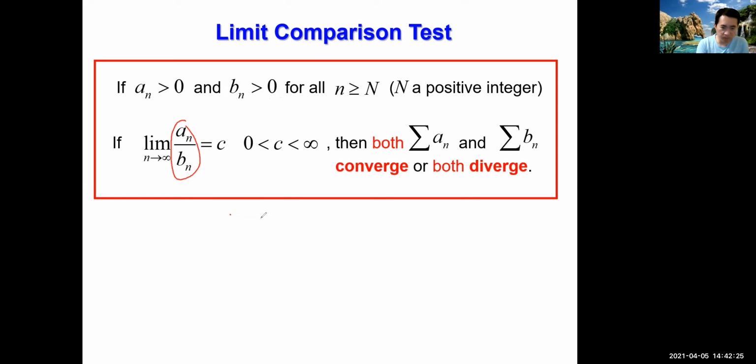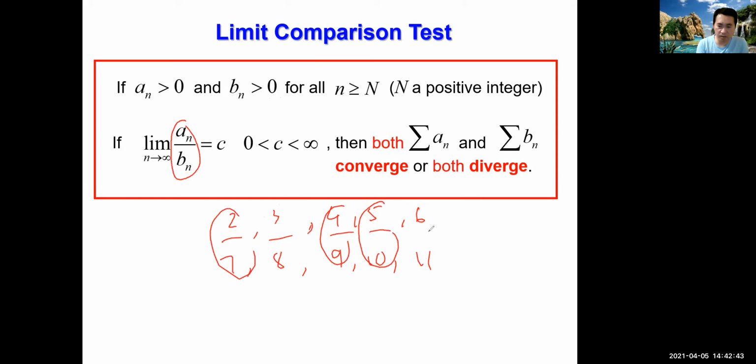So if you have 2, 3, 4, 5, 6 as one series, and then you have 7, 8, 9, 10, etc., and you form the ratios 2 over 7, 3 over 8, 4 over 9, 5 over 10, etc., the ratio would not be the same. But if I take the limit as n goes to infinity, then you're looking at all of these ratios and seeing where they're approaching.